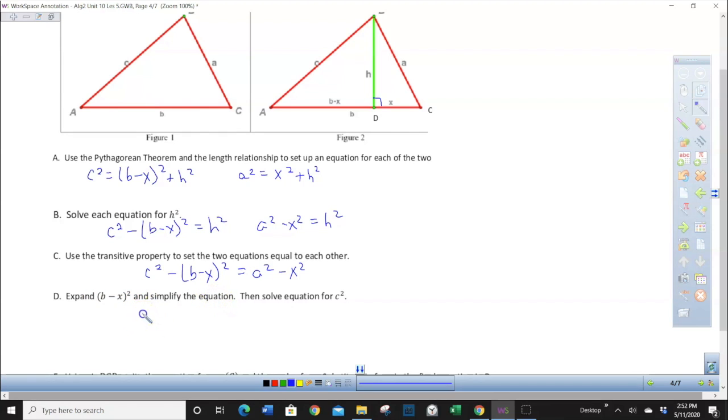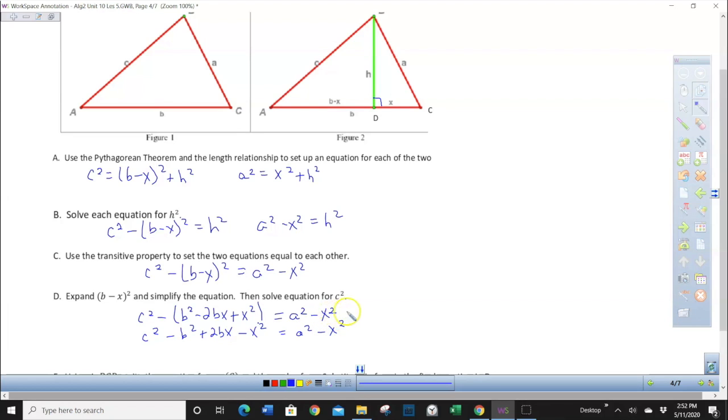So we have c squared minus, and if we square this, that's going to be b squared minus 2bx plus x squared, equals a squared minus x squared. Now let's distribute this minus sign. So that's going to be c squared minus b squared plus 2bx minus x squared equals a squared minus x squared.